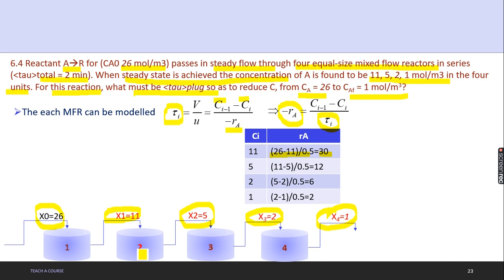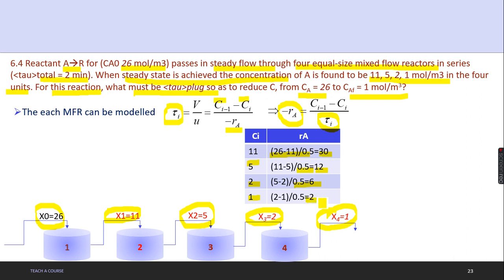Similarly for the second reactor, the concentration is 5, and the rate is 11 minus 5 divided by 0.5, that is 12. For the third reactor, the concentration is 2 and the rate is 5 minus 2 divided by tau, so 6. The last one has concentration 1, and we get its rate the same way.